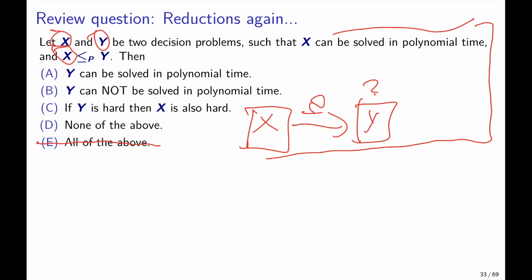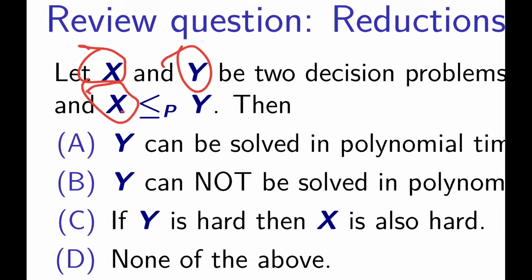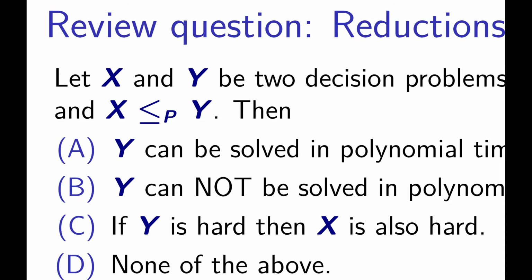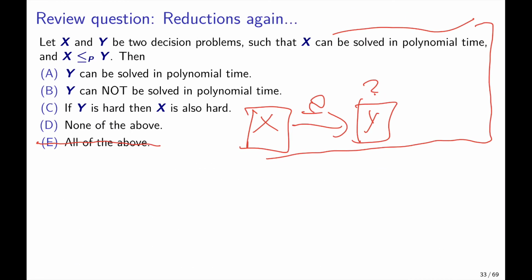As the notation suggests, all we know is that X is smaller or equal than Y, and we know something about the value of X. That doesn't say anything about the value of Y. So it looks like we know nothing about Y, and that is indeed the correct answer.